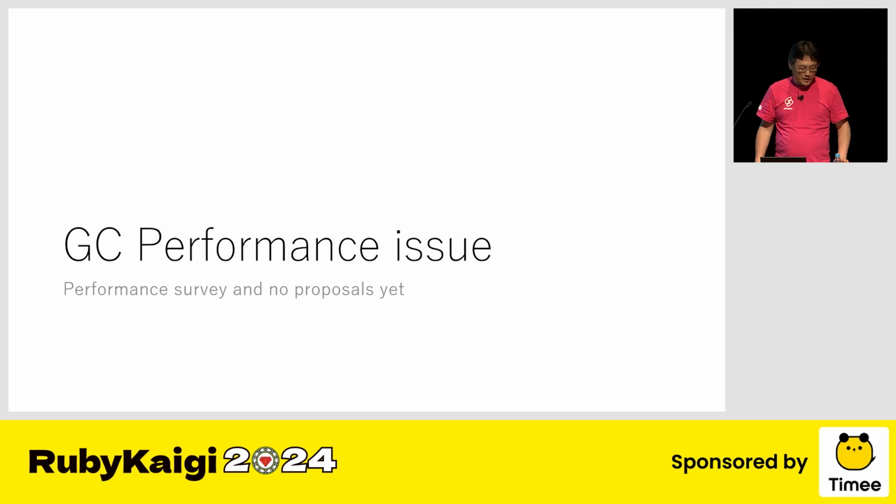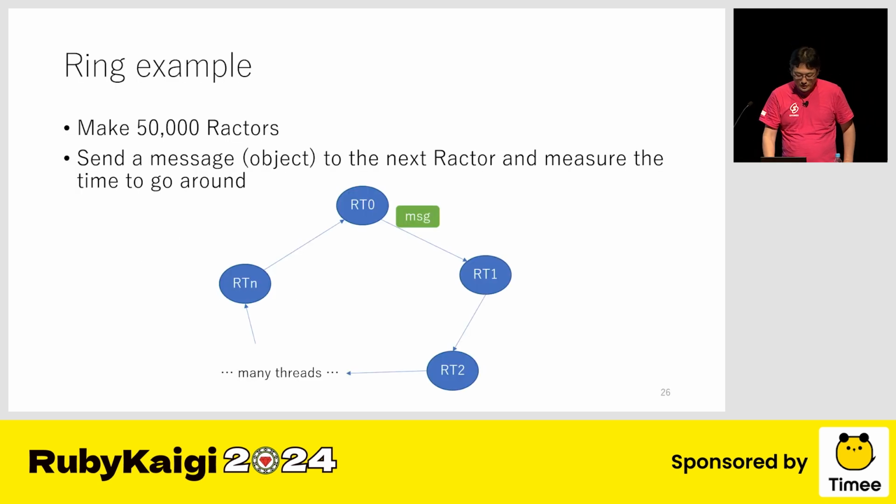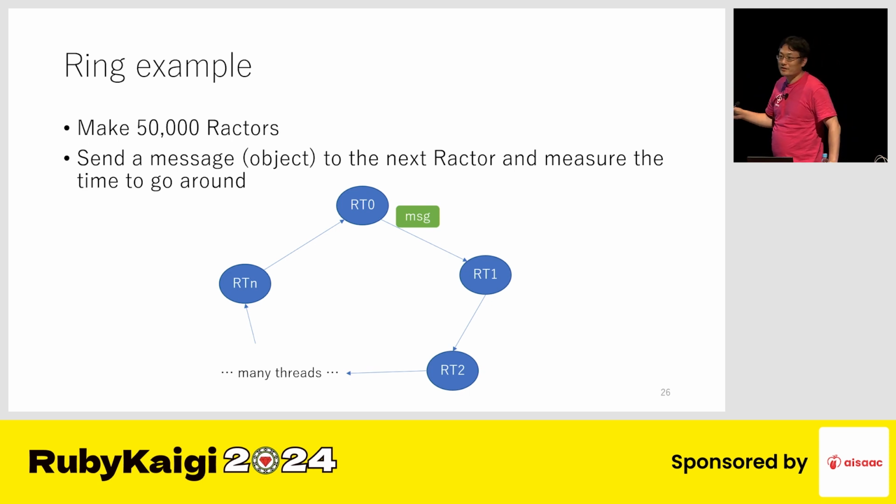For the last 5 minutes, I want to show some GC performance issues. This is an example I always show. We make 50,000 Ractors, and each sends a message to the next Ractor, and the next, and the next, so it makes a ring.